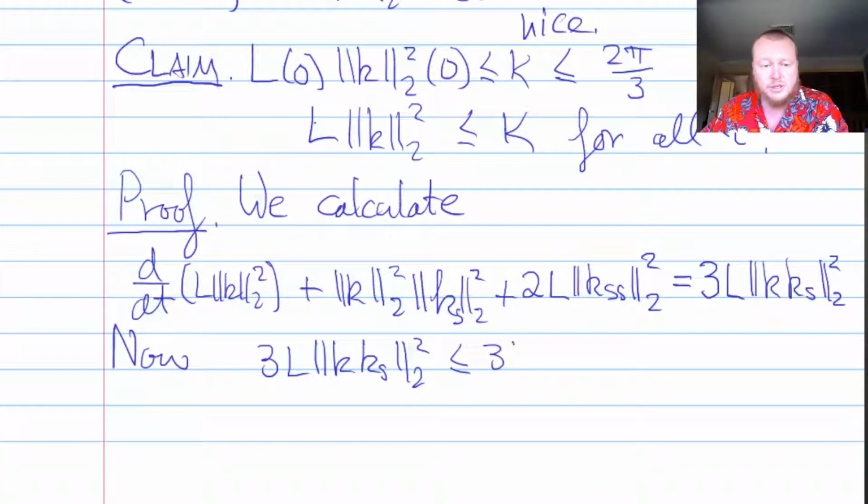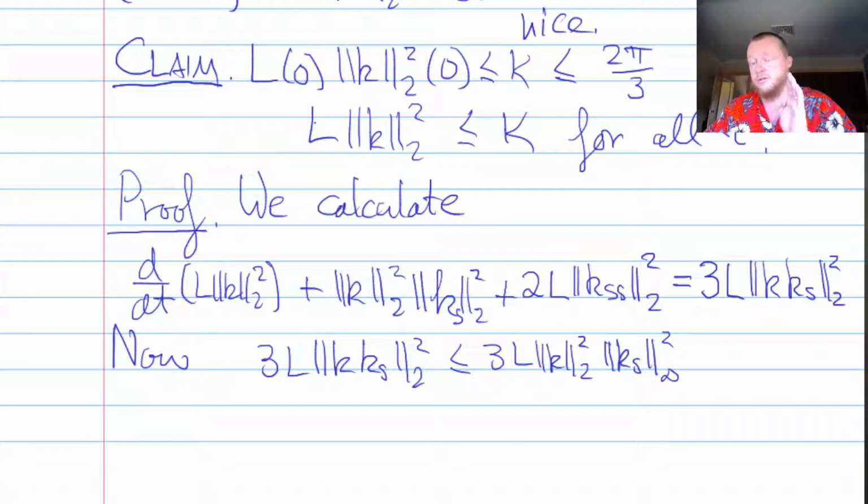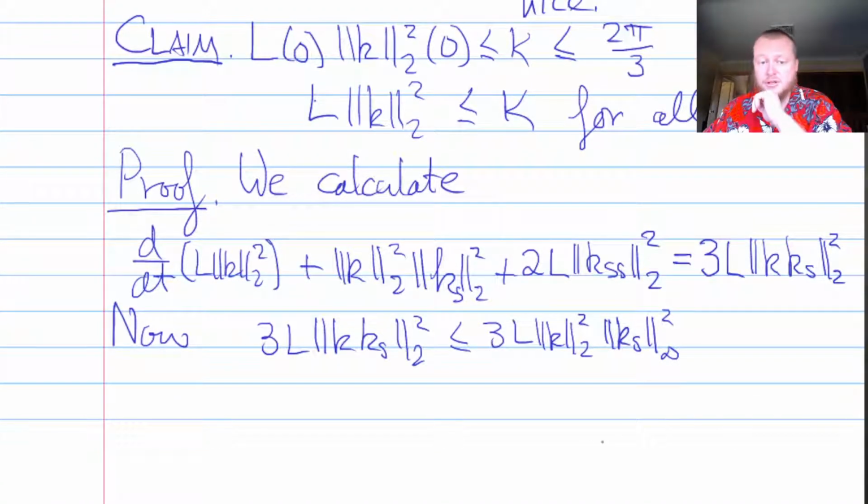So we go 3L, and I'll keep this as a coefficient, times the L infinity norm of k_s squared. Now we use the Wirtinger inequality instead of the Poincaré inequality, because k_s does not have zero average, but it does vanish on the boundaries, so that's important.